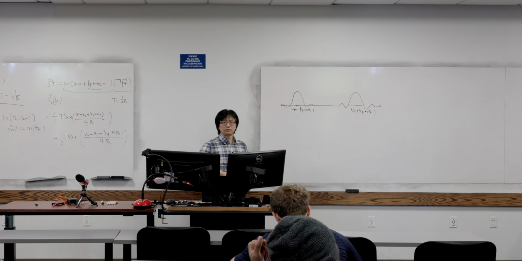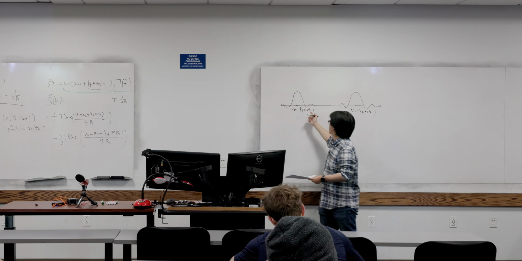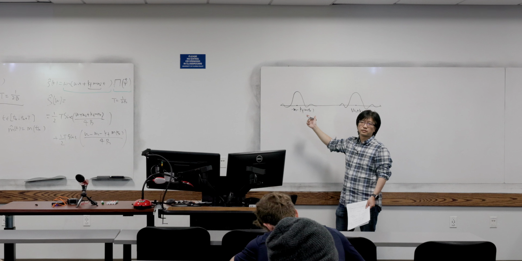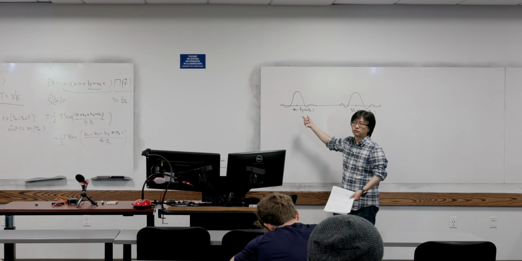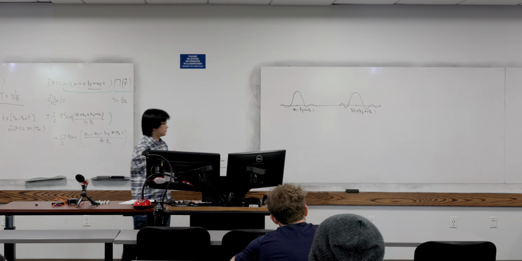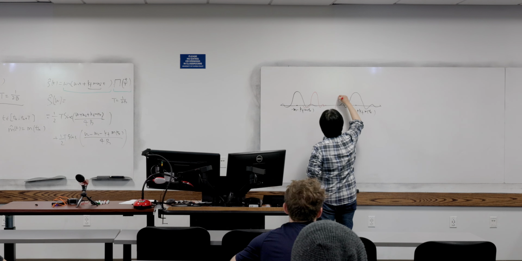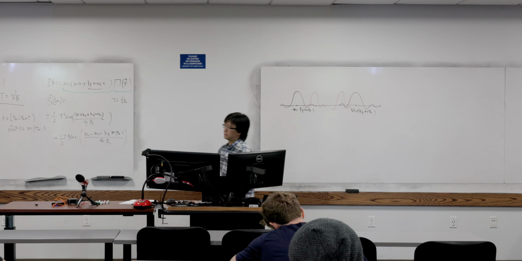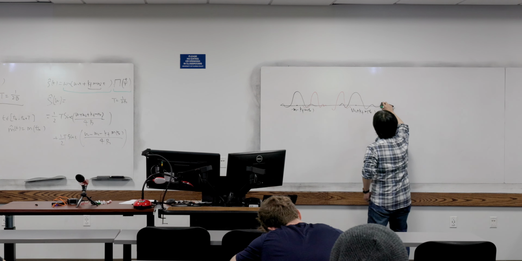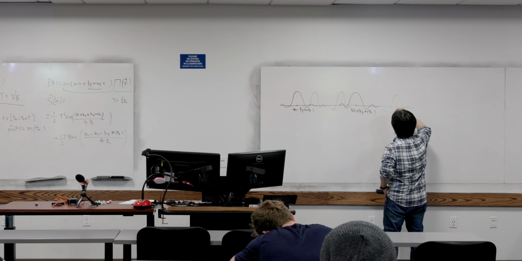How about for a different k? This is for just one t k. If k changed, then what should I have? We should have a very similar pair, but in a different location. For example, if the value of m is bigger, then we can have something here as well.